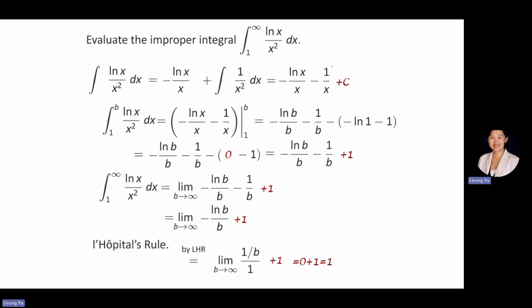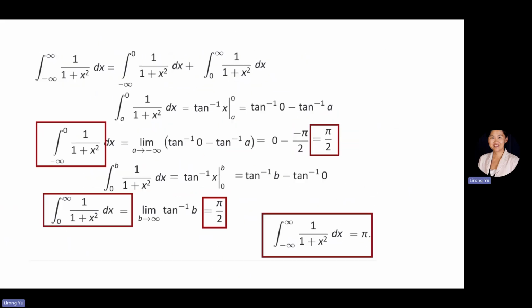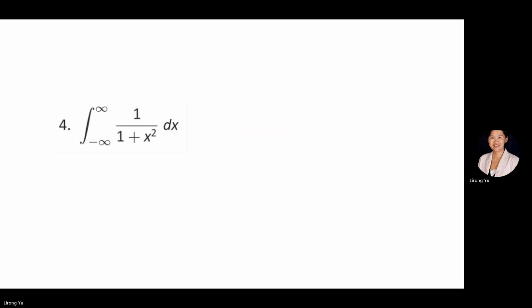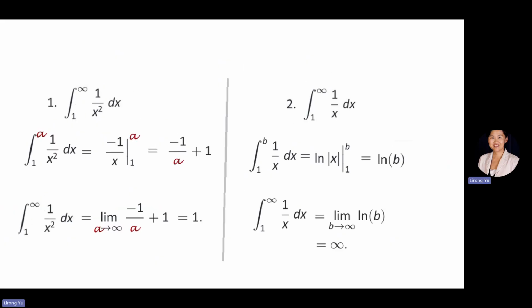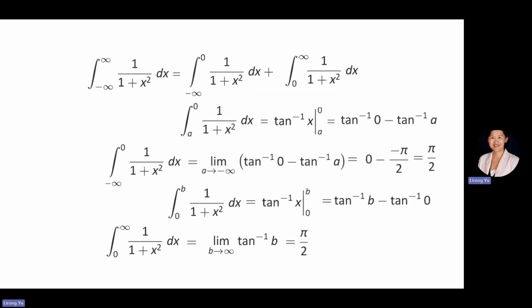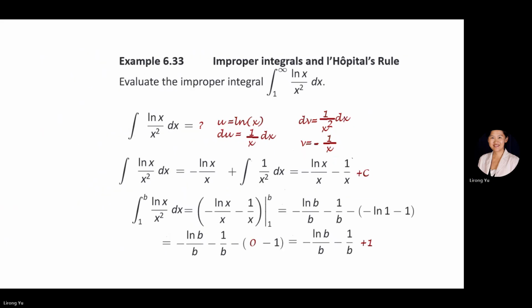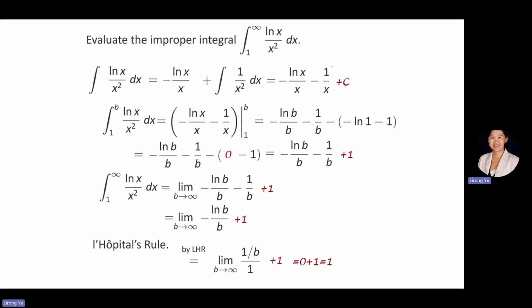I think we calculated that one, right? Example number 1 is the integration from 1 to infinity of 1 over x squared dx equal to 1. Now we have this example, and the final answer is also equal to 1.